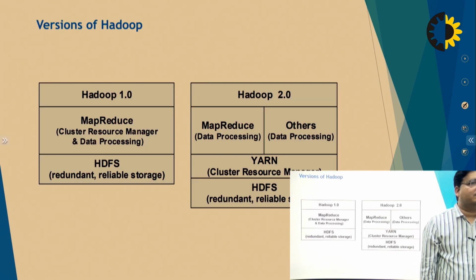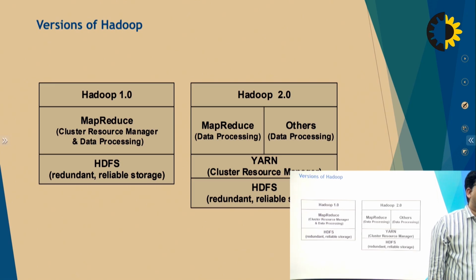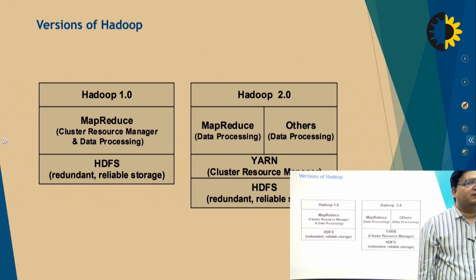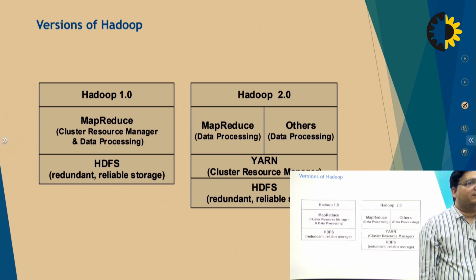The various versions of Hadoop are there. So we have two versions, Hadoop version 1 and Hadoop version 2. Hadoop version 1 consists of MapReduce. Here the functions are cluster resource manager and data processing, whereas in version 2 MapReduce has only one duty, that is data processing, and not cluster resource management.